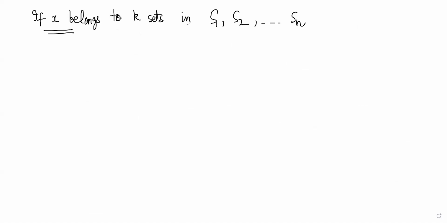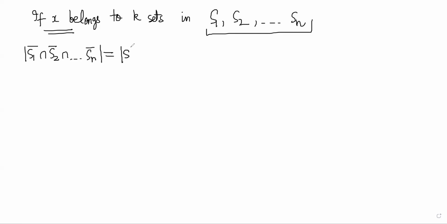X has K properties among these N properties, right? Now, suppose I have to find out S1 complement intersection S2 complement intersection Sn complement.